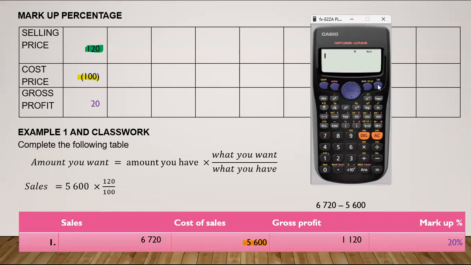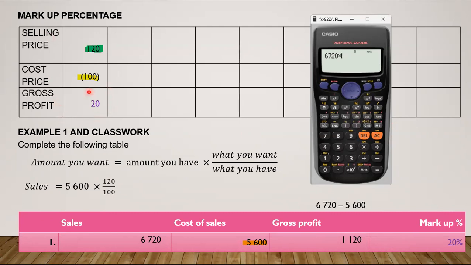And let's say you wanted to use the sales value. So the sales value is 6,720. If I wanted gross profit, I was going to take that 6,720 and multiply it by my gross profit percentage, which is 20.